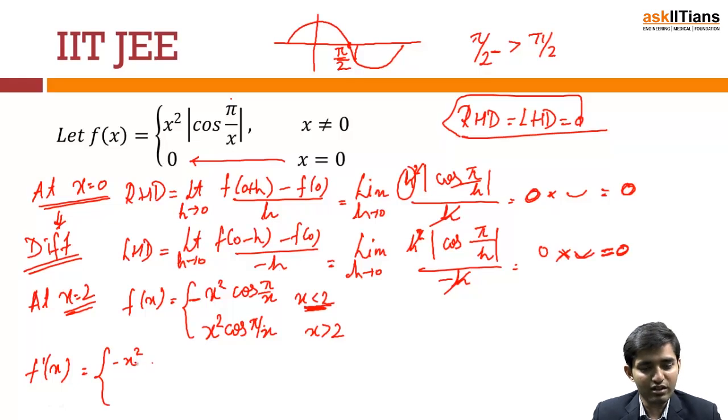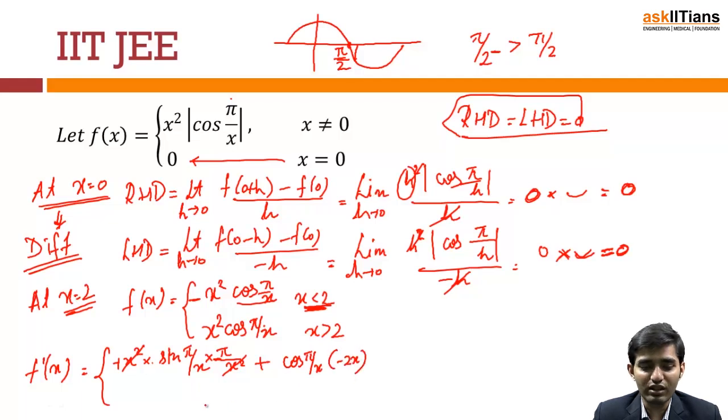So this will be x square into minus sine of pi by x, and what will be the differentiation of this? This quantity will be into pi by x square, minus 1 by x square, right? So basically this quantity will go plus second function, so cos of pi by x into differentiation of this, which will be minus 2x, right? So you can use the product rule for differentiating. So same way here you will get how much?